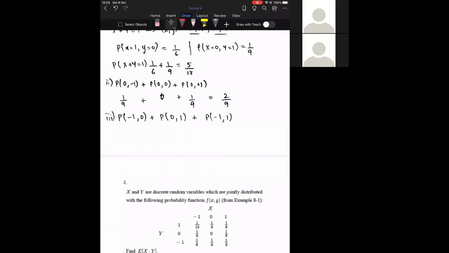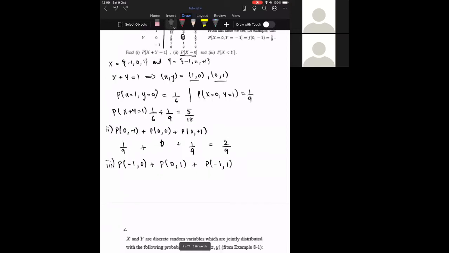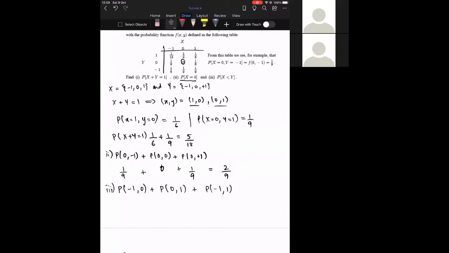So we can once again look at the probabilities in the table. For -1 and 0, we have 1/9. For 0 and 1, we have 1/9.